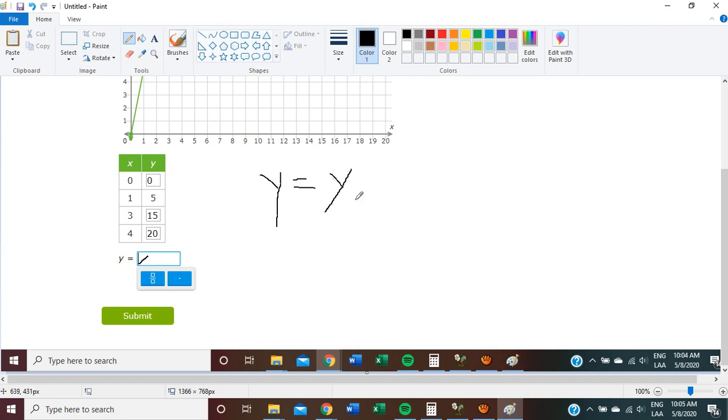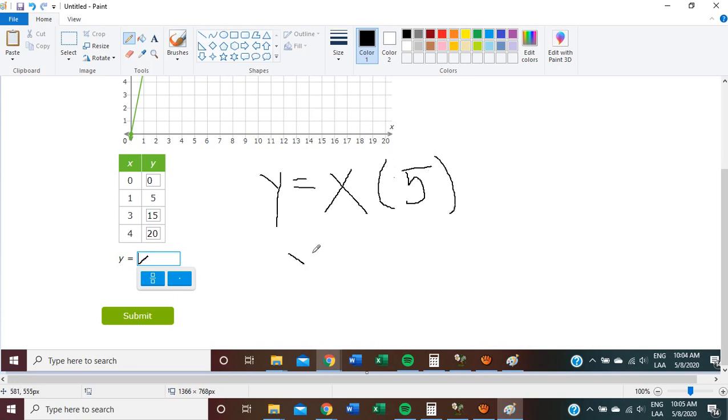Okay, x times 5. Remember, in algebra we don't use this. We use parentheses, the dot in the middle of the line, or we also use parentheses. Okay, yeah, we can do something like this or something like this.